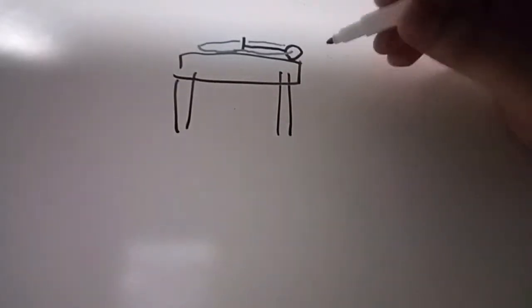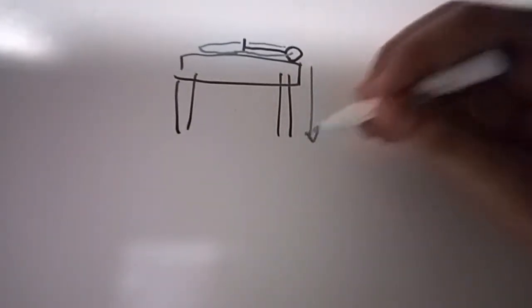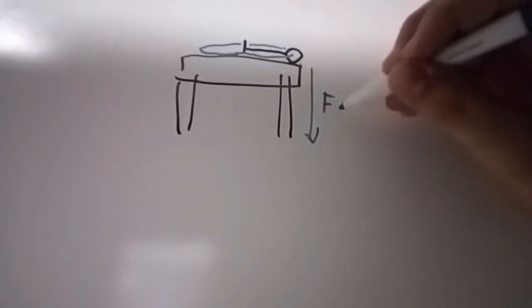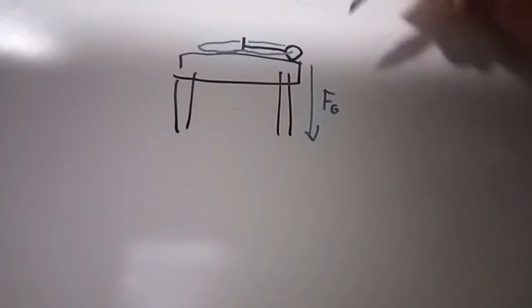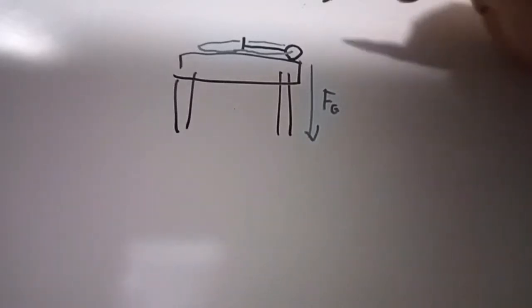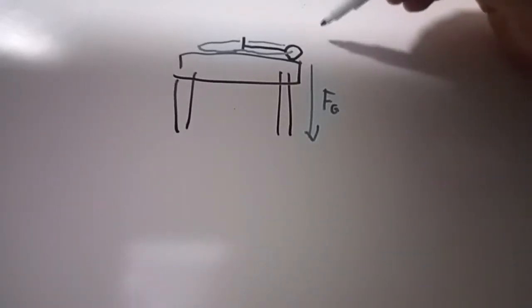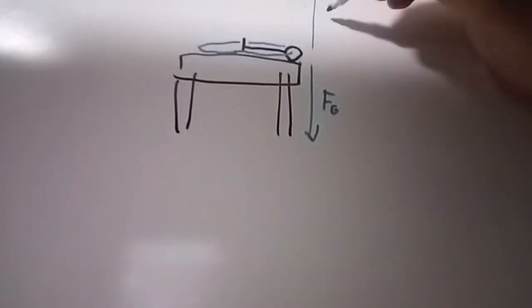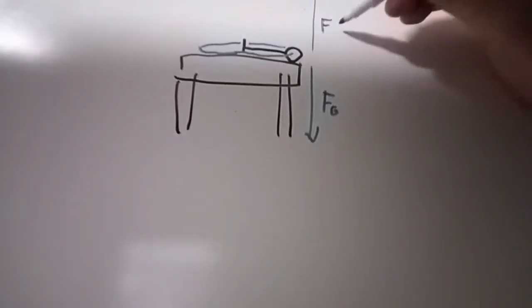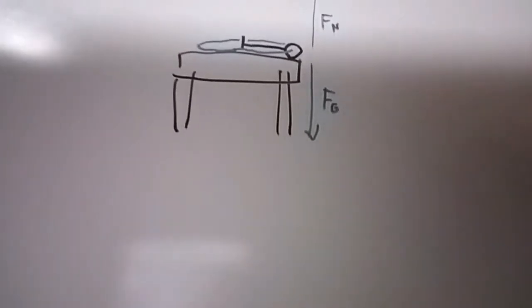And we know about the gravitational force that acts on objects. And we know that since it's sitting on a table and it's not succumbing to the gravitational force, it's at what's called mechanical equilibrium. And so we introduce this normal force, the force normal to the surface of the table, to balance that out.